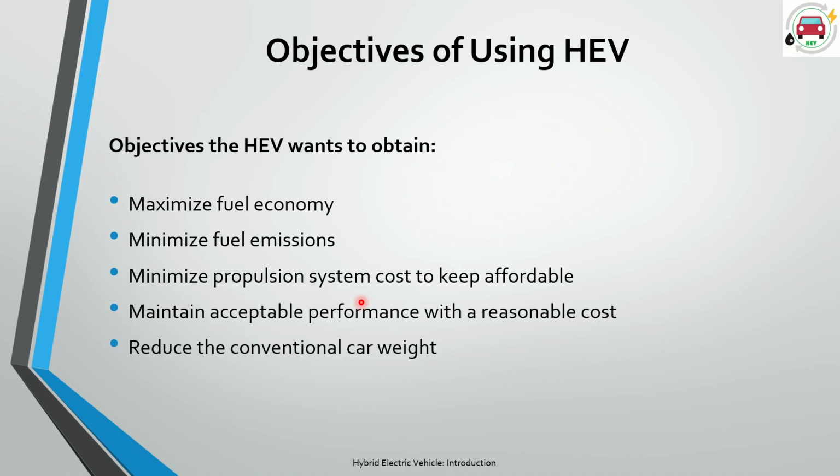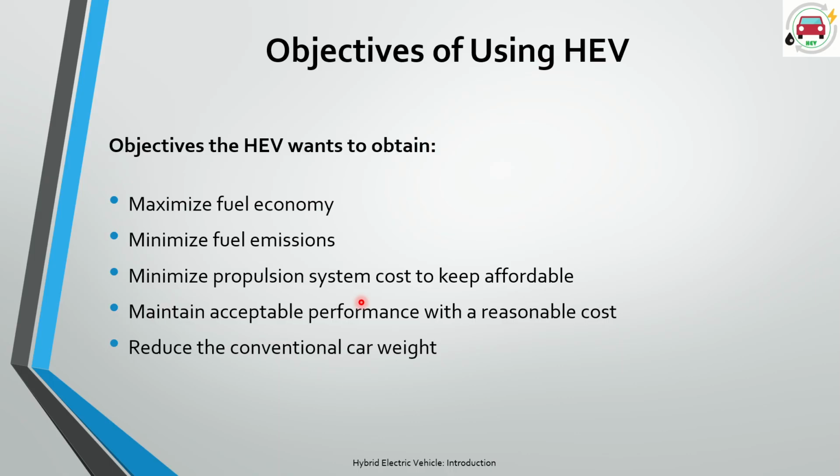So also it reduces the conventional car weight. We know that generally a car has 2000 to 3000 kilograms of weight or mass, and that is really very big, or we can say bulky.